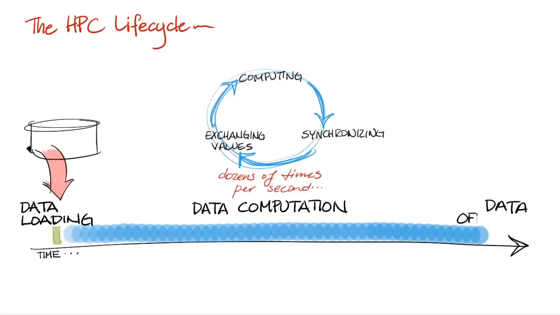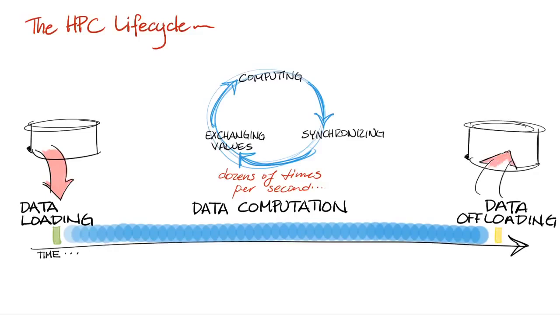Finally, during the data offloading phase, the computing nodes transfer the results from main memory into the storage. The data loading and offloading phases are typically very, very small, on the order of hours, when compared with the entire computational cycle, which may last weeks, months, or even years.